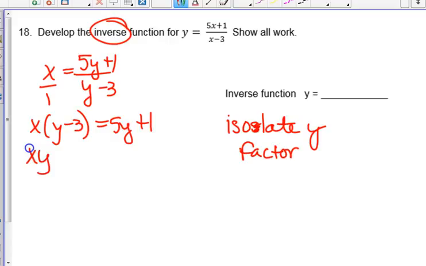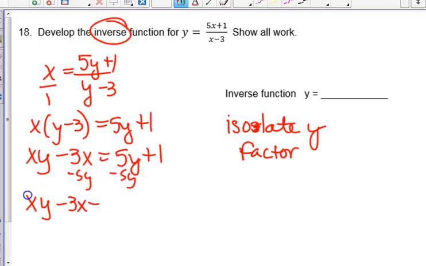So you get xy minus 3x equals 5y plus 1. If I subtract 5y onto this side, I have xy minus 3x minus 5y equals 1. And I got to add the 3x back over here so that all the y's are isolated.